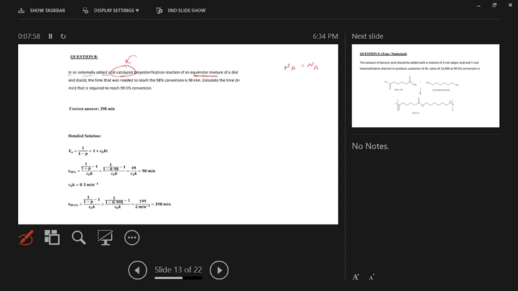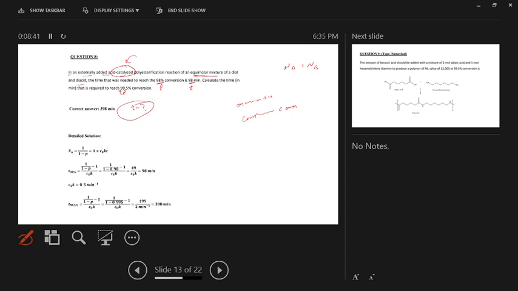These are the monomers which are going to react. The time that was needed to reach 98% conversion is 98 minutes. Time is given and conversion is given. Calculate the time that is required to reach 99.5% conversion.